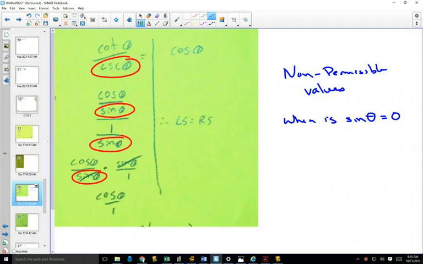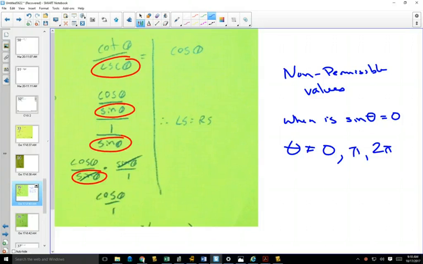What are all of our zeros of sine theta? Well, from 0 to 2 pi, that would mean that theta can't equal 0, pi, and 2 pi. That would just be between 0 and 2 pi.